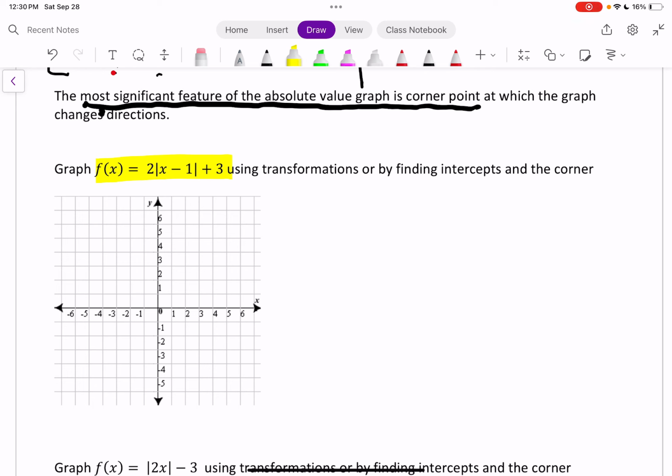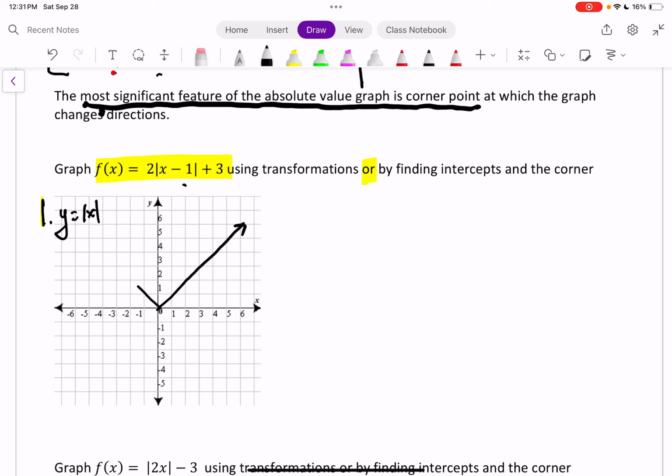We're going to use two methods. The first is using transformations, which is what we have practiced in chapter 1. So here it is. We are starting with the absolute value function, so we must transform the graph of the absolute value function.